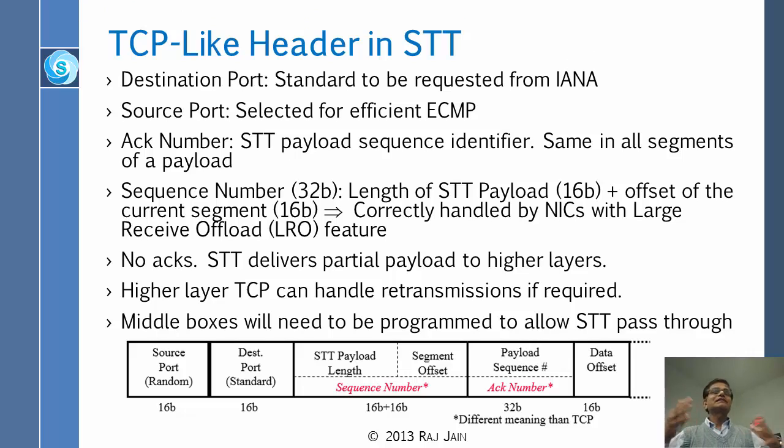So there are these little hacks, which I think will probably go away. But right now, the sequence number is being used for the length and the ACK number is being used for the sequence number. No ACKs. So even if you are missing something, it goes. Higher layer TCP can handle retransmission if required.